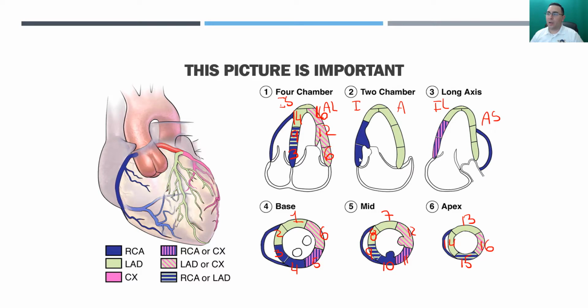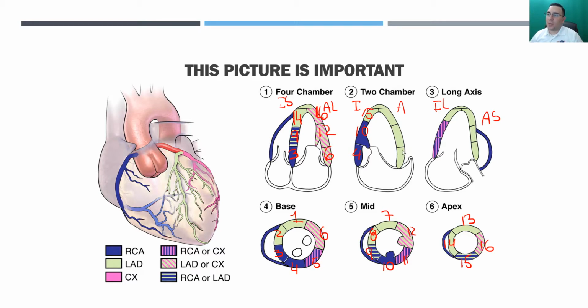Now we'll go here. This one will be basal inferior, which is going to be number 4. All right. So this one here will be mid inferior, which is going to be what? Number 10. And this one right here will be apical what? Apical inferior, which is going to be number 15.